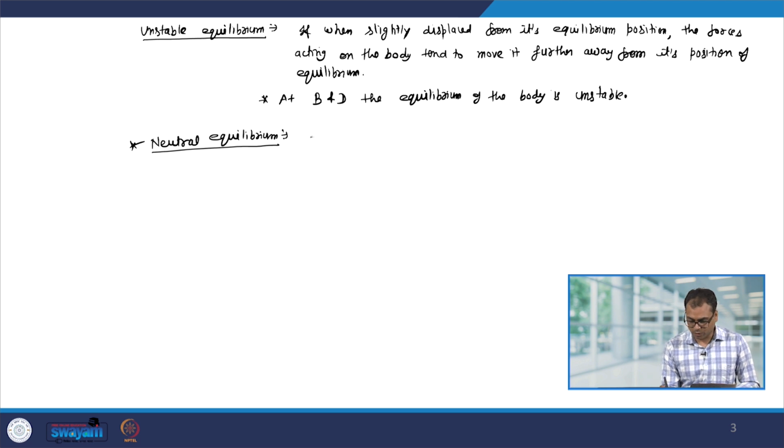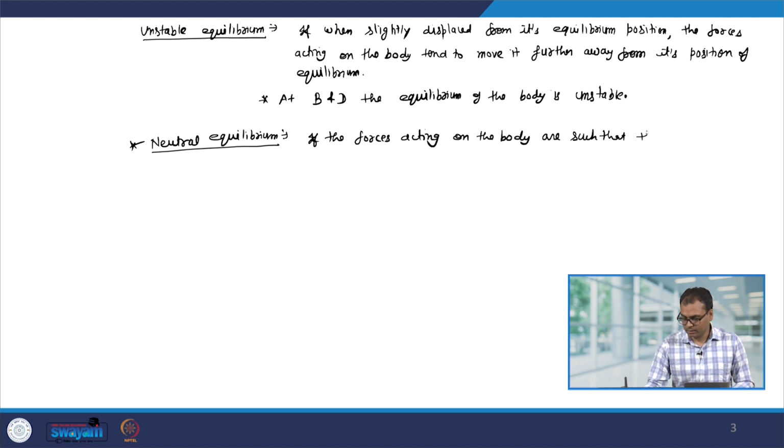So, the definition is the following: if the forces acting on the body are such that they keep the body in equilibrium in any slightly displaced position.